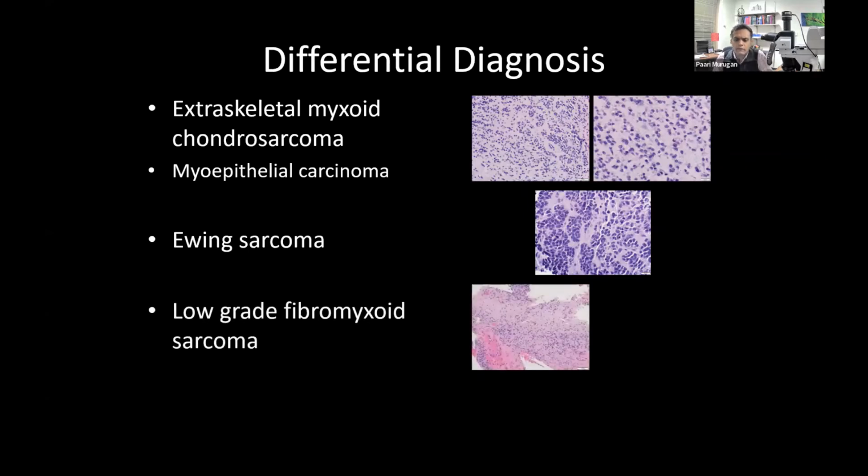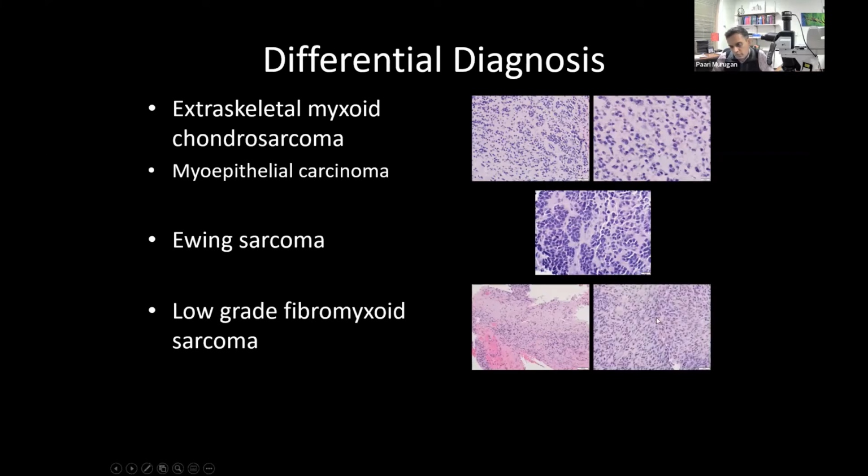And then lower down the list, we want to consider this tumor called low-grade fibromyxoid sarcoma. I say lower down because we only saw focal areas that look like this. We obviously have a fibrous and myxoid stroma over here, and we see some bland looking spindle cells, and we see some more spindle cells in other areas. So these are the differential diagnoses.